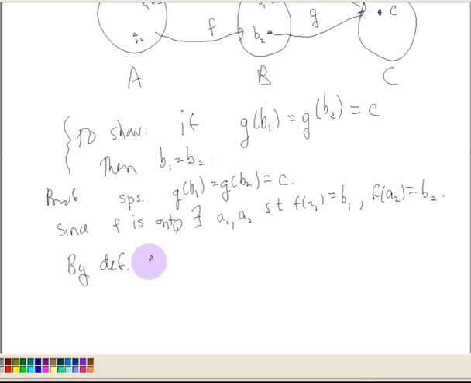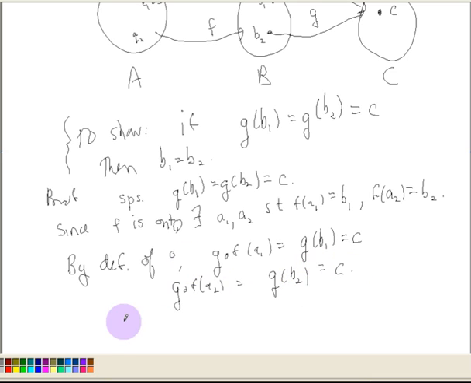By the definition of composition, G composed F of A1 is equal to G of B1, which is equal to C. And G composed F of A2 is equal to G of B2 is equal to C. Now, since G composed F is 1-to-1 by hypothesis, that means that A1 is equal to A2.